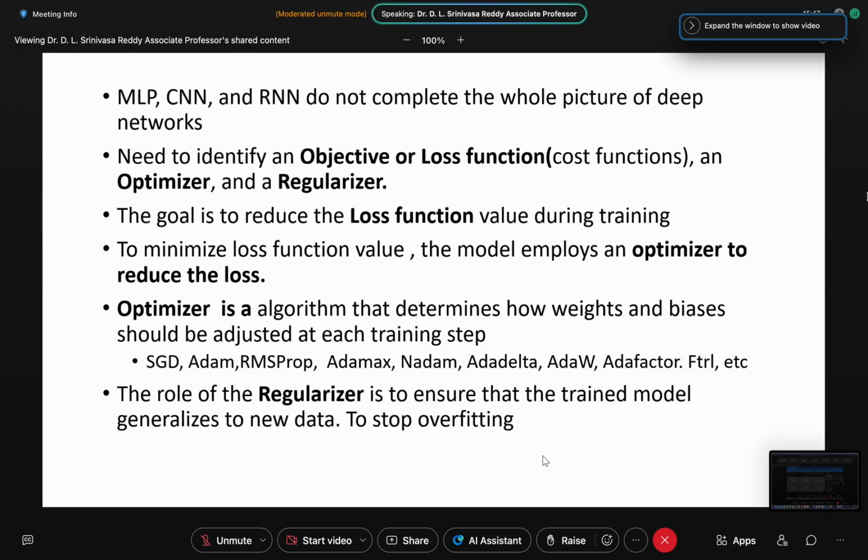Hyperparameter tuning. Why do we tune these weights? We tune these weights to get the error small or 0. For that purpose, the loss function is required, and the loss function contributes to both the optimizer and the regularizer.